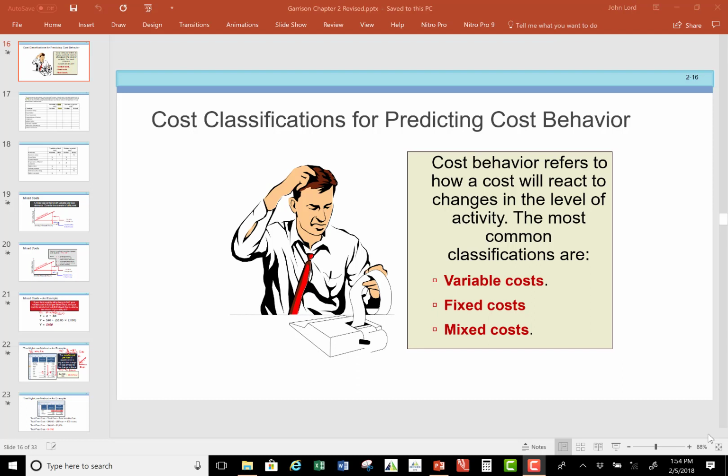I'll just call it TOC, total overhead cost. And the units are whatever we've determined the driver of our overhead cost to be.